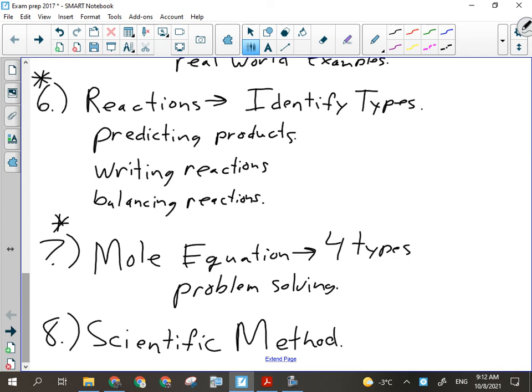And then lastly, scientific method. So there's a couple of multiple choice questions that would go something like this. In an experiment to test the effect of light on plant growth, an experimenter designs an experiment where 8 plants are put in light boxes.